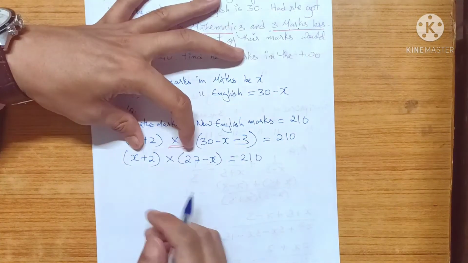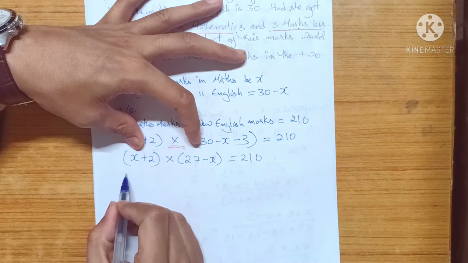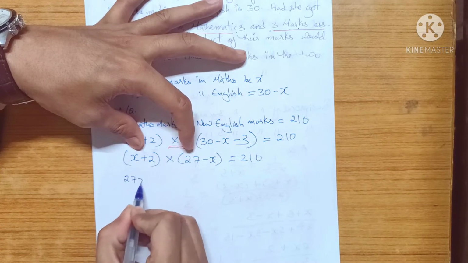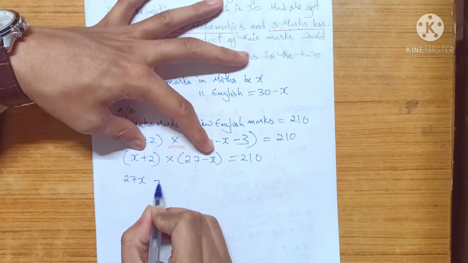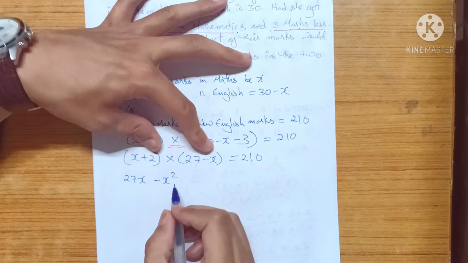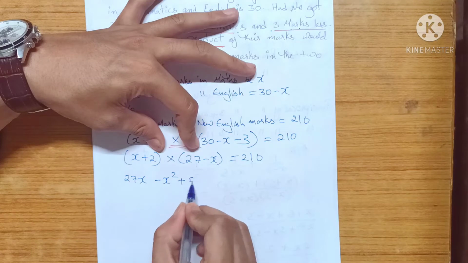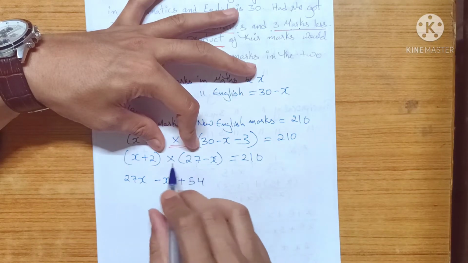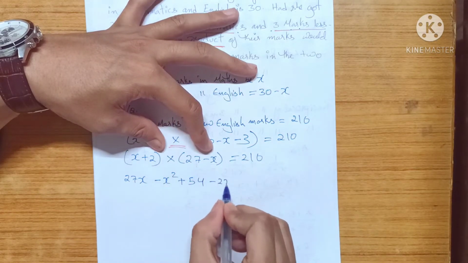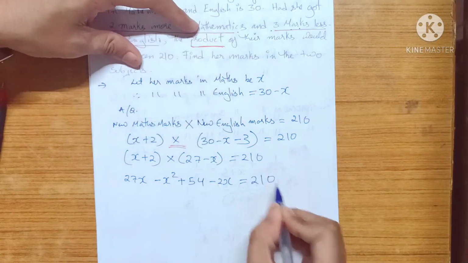Now if I open the bracket, this x multiplies both, so 27x and minus x square. This 2 will multiply both, so 2 into 27 is 54, and 2 into minus x is minus 2x, equal to 210.